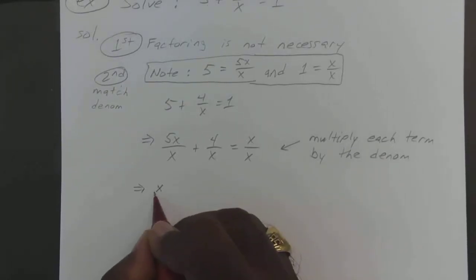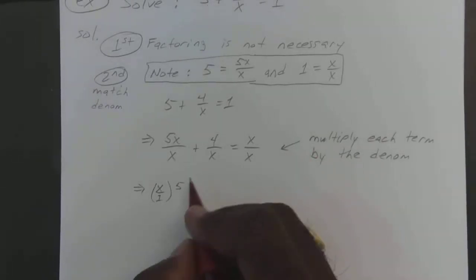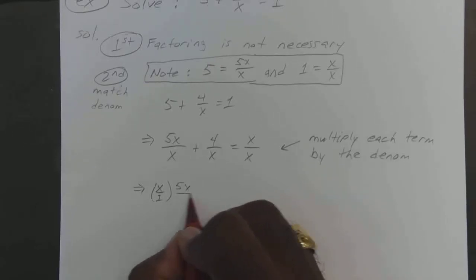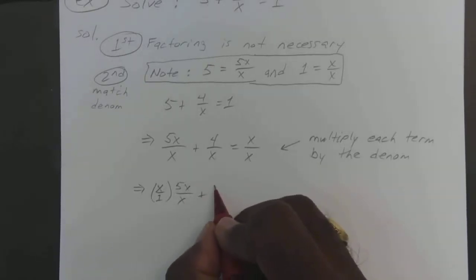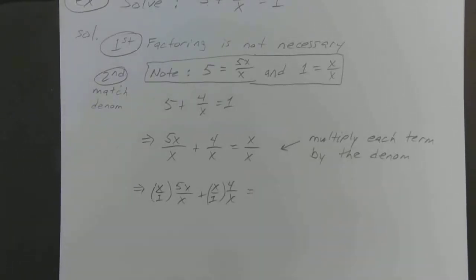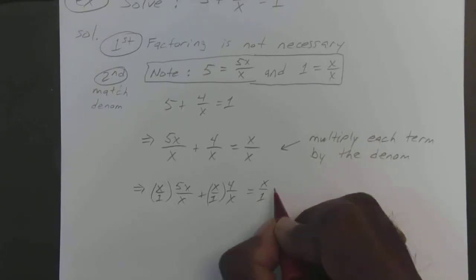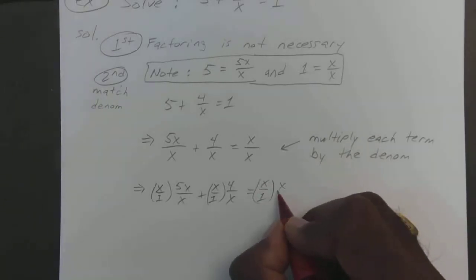Okay, so you have, instead of x, we'll have x over 1 times, actually, we didn't need to do that on that one, but 5x over x plus x over 1 times 4 over x equals x over 1 times x over x.